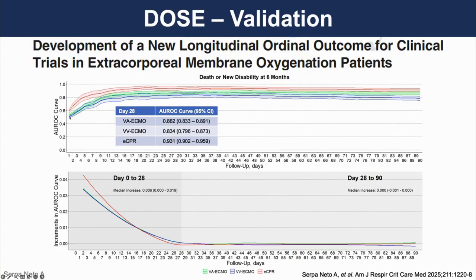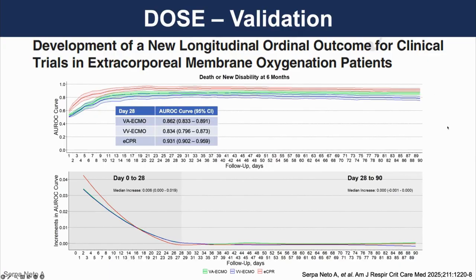And we found that, as you can see here, from day 1 until day 28, there was a progressive increase in the predictive ability of dose, suggesting that dose was day by day able to predict better death or disability at 6 months. As you can see, after day 28, there was almost no change anymore.